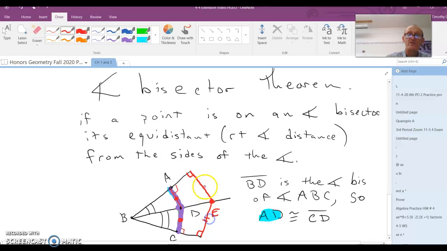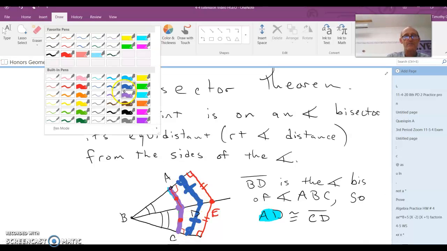So this segment is congruent to this segment. And you could pick another point along there if you really wanted to, like this one, and just understand that this segment here is congruent to this segment here. And then, of course, this is a right angle, and this is a right angle, okay? So the angle bisector theorem says that.